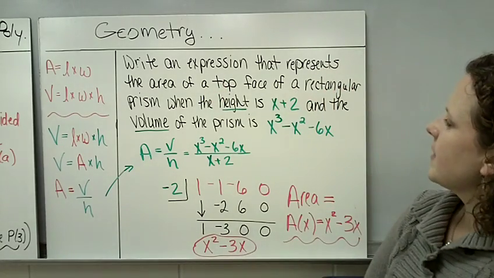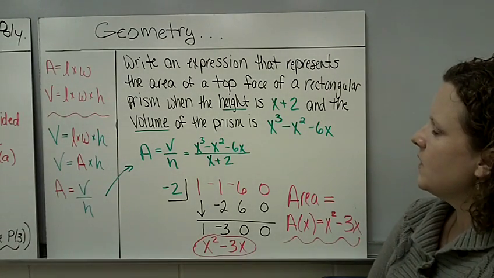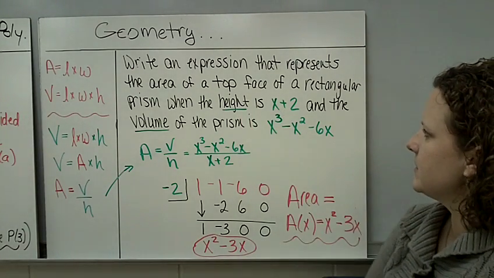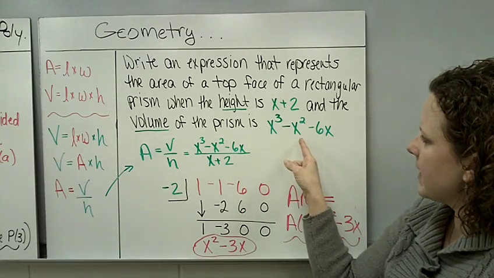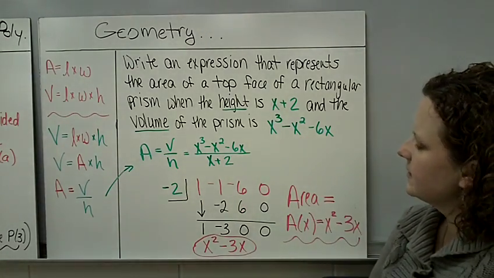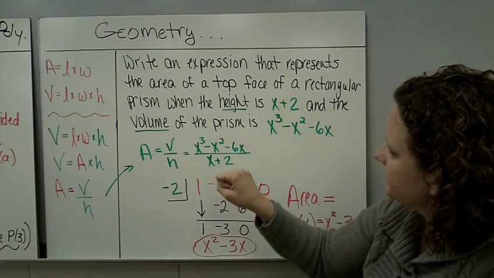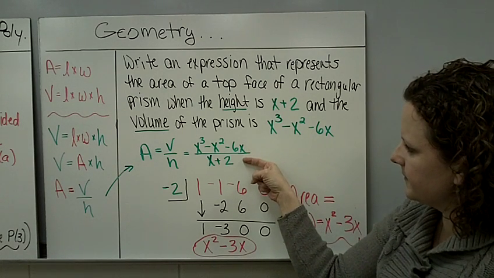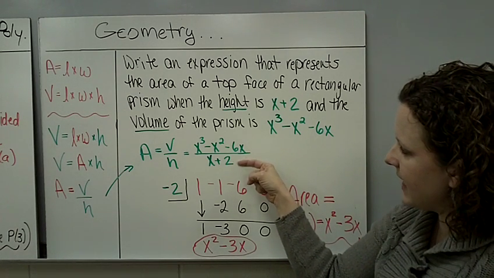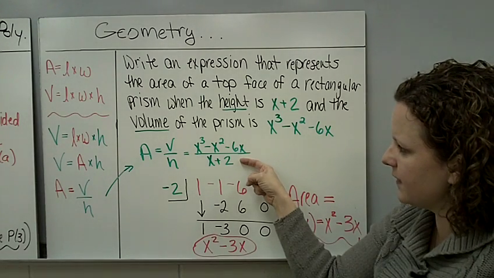Write an expression that represents the area of the top face of a rectangular prism when the height is x plus 2 and the volume is x cubed minus x squared minus 6x. So we have area is volume divided by height. Volume divided by height. So if we take this, solve for x, we get x equals -2.